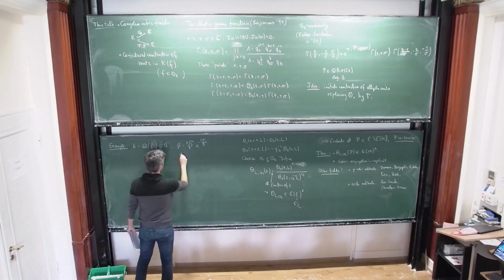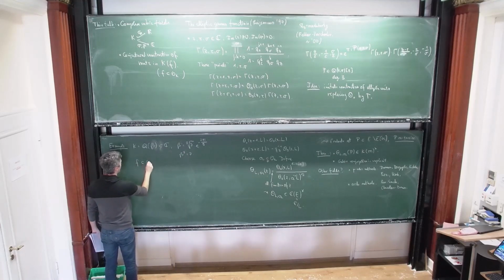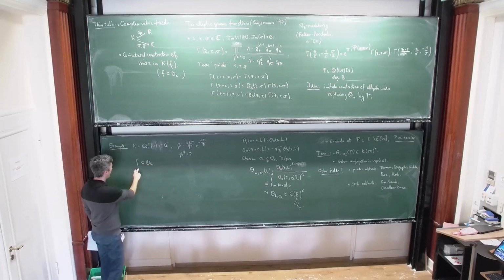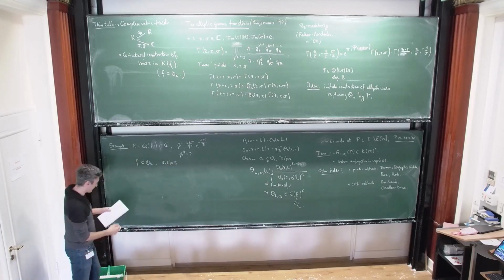So beta cubed is 7. Okay, and so I'm going to fix the unique ideal in O_K whose norm is 3.